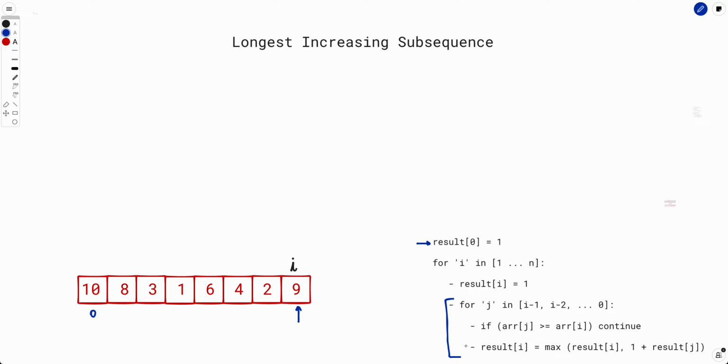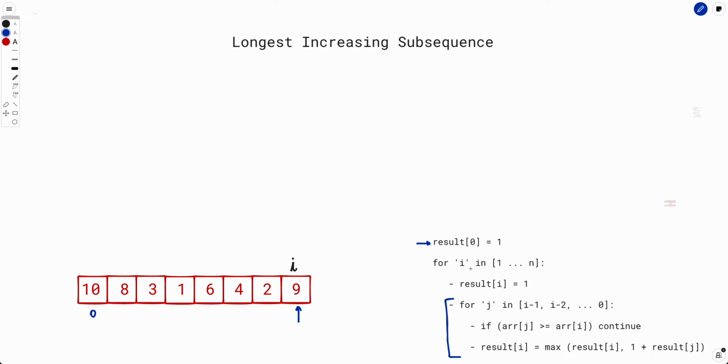And then for all such indexes, we are taking the maximum, right? So in other words, what we are doing here is finding the maximum over the prefix of i whose value is smaller than array of i, right?